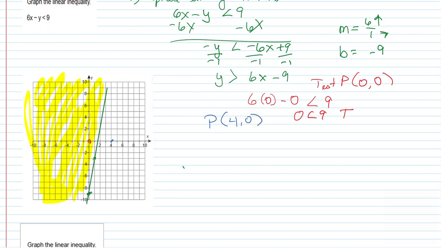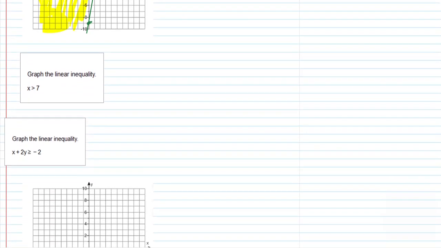And I'm going to put it in my original function. 6 times the 4 minus 0 is less than 9. 24 is less than 9 is false. So we have done good math. This is not in the answer set.